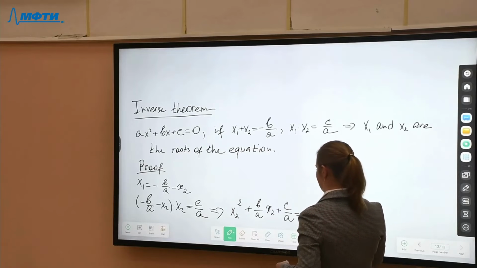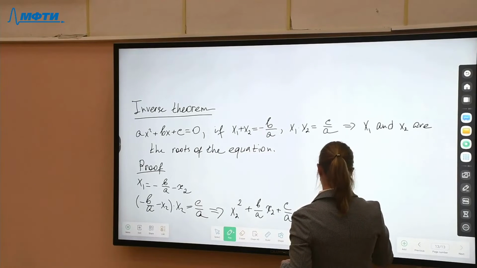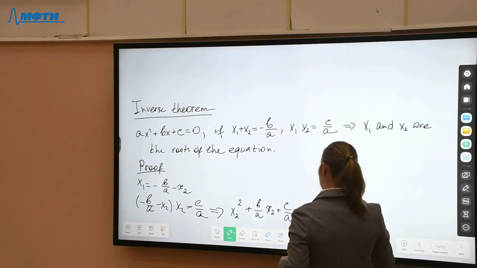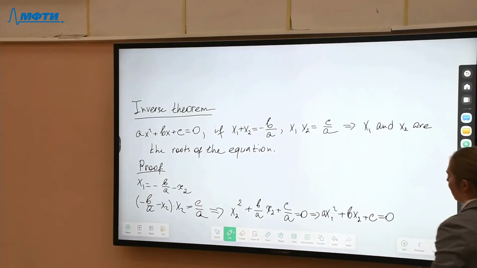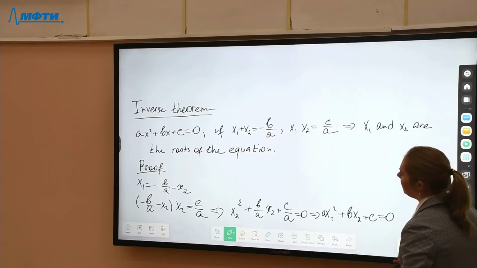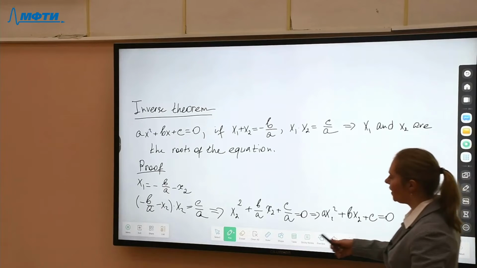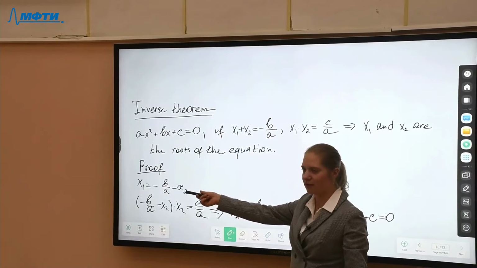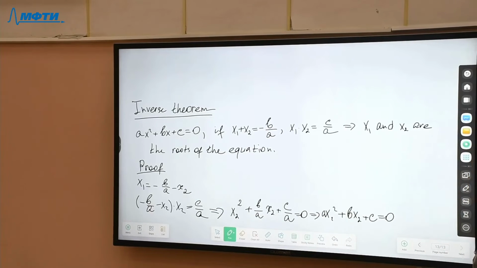This is x2 squared plus b x2 plus c, and this is 0 again. So as you can see, x2 is a root of this quadratic polynomial, this quadratic trinomial. The same way we can show that x1 is also a root. We need to find x2 in terms of x1 and then substitute, and we'll get that x1 is also a root of this polynomial.